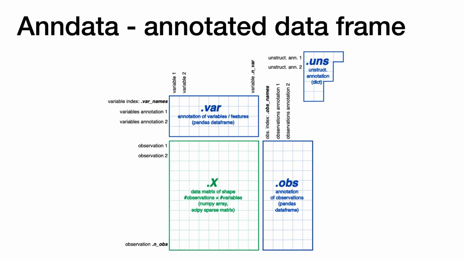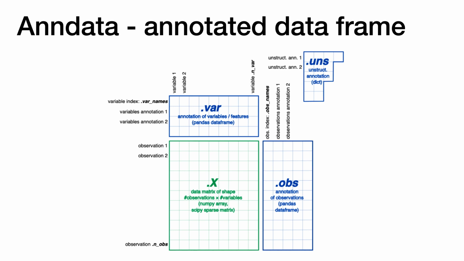We can make annotations on the observations, so for every cell. For example, how many genes does this cell express? How many counts did I find? What's the cell type? And so on and so forth. So that's some metadata that you add in this obs object.